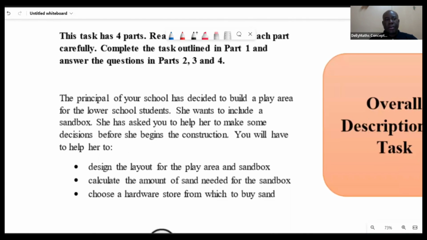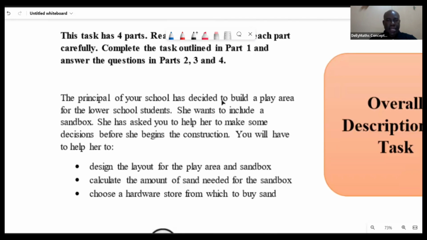It says here that the principal of your school has decided to build a play area for the lower school students. She wants to include a sandbox. She has asked you to help her make some decisions before she begins the construction.